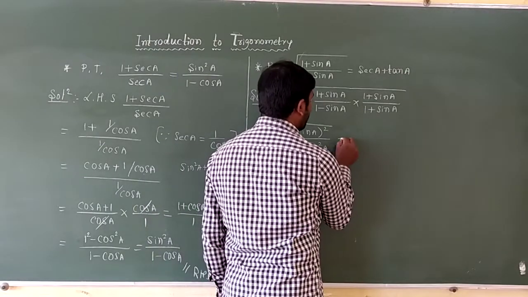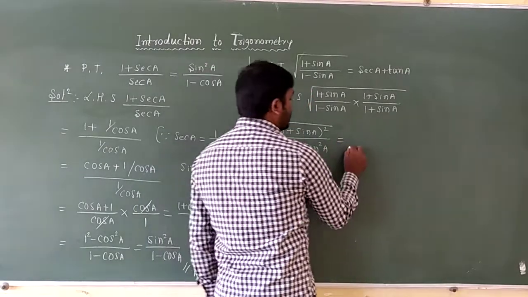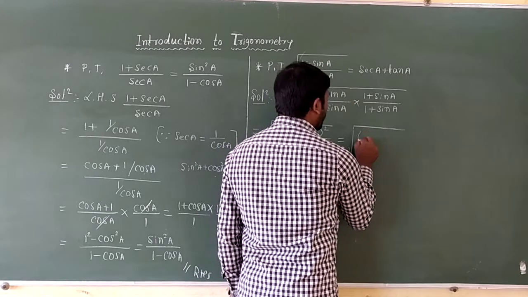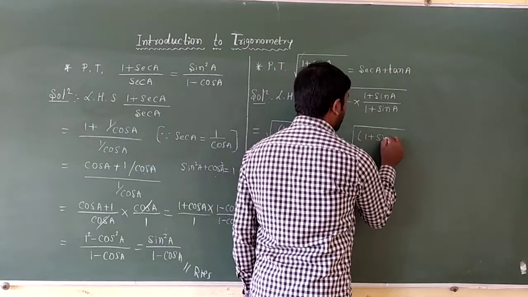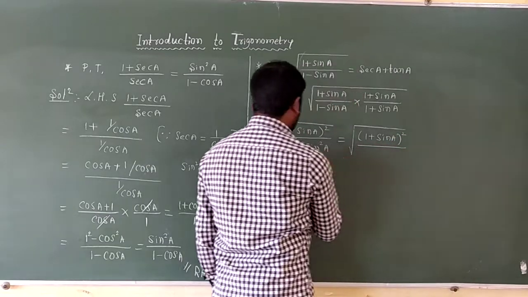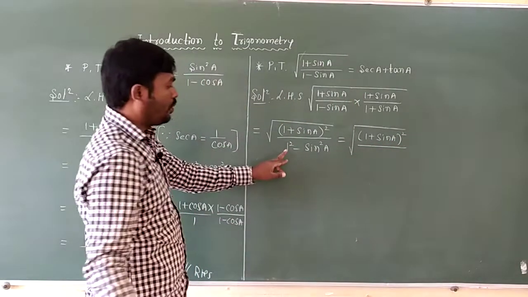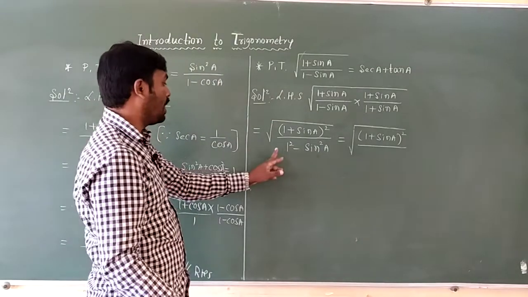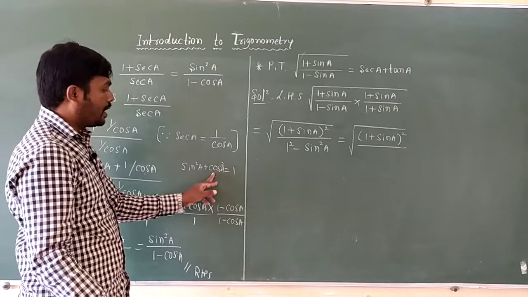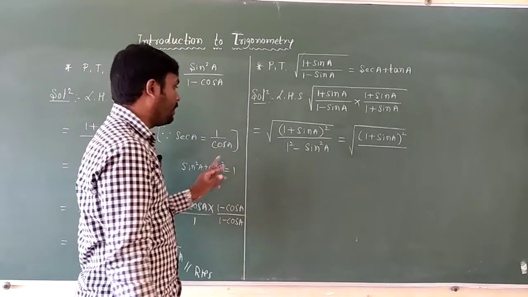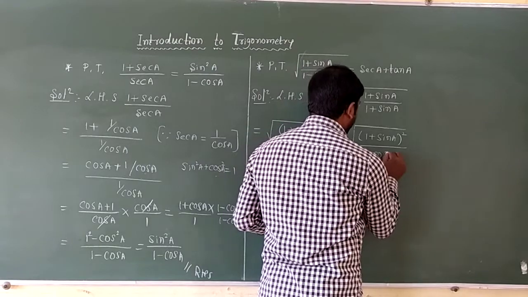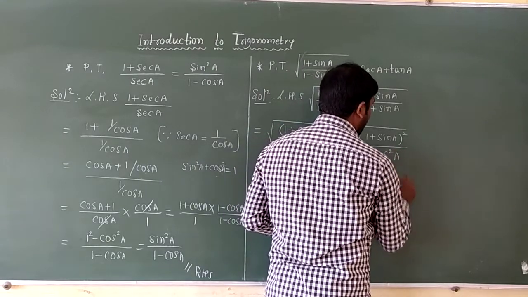So this is equal to, keeping this as it is, root of (1 plus sin a) whole square, whole divided by 1 square minus sin square a. Taking sin square a to the other side, it becomes cos square a. So the value of this is cos square a.